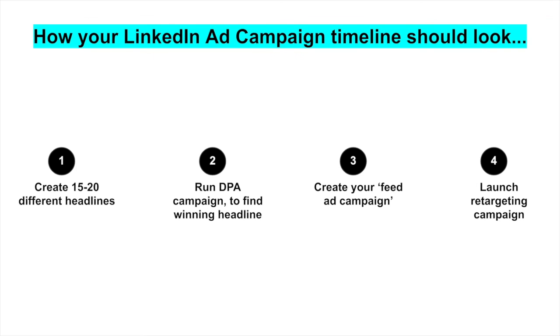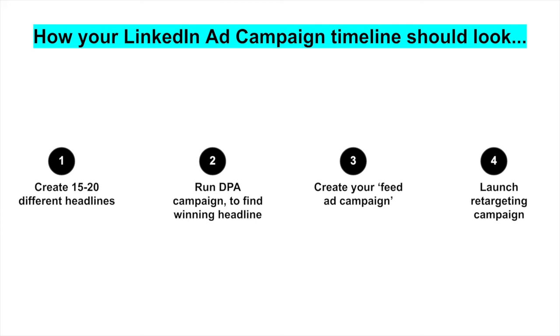So one thing I'm going to run through really quickly is how your LinkedIn ad campaign timeline should look based upon what I've just walked through. Before you touch any LinkedIn campaigns, even any ad campaigns, the first thing to do is have some strategy time, what I call headline creation time.